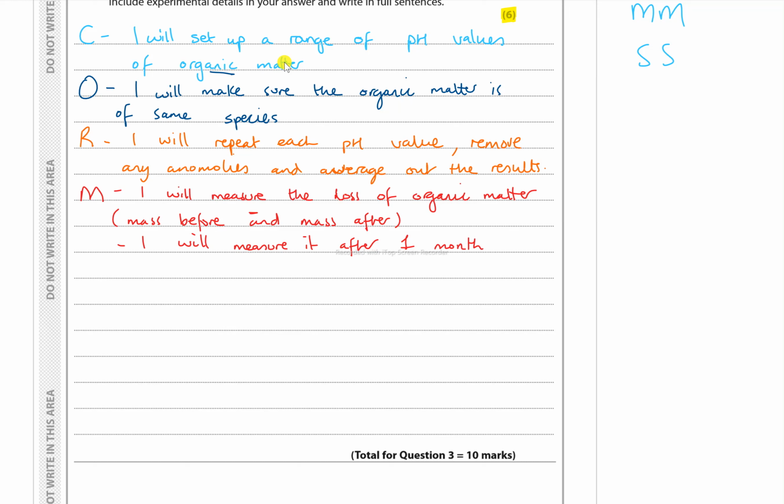Something sensible. And then finally, what you're going to keep the same, your control variables. We know things like I will make sure the temperature and oxygen levels are kept the same.